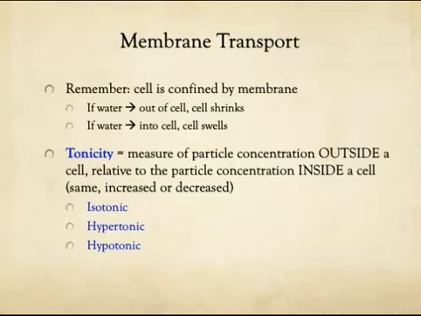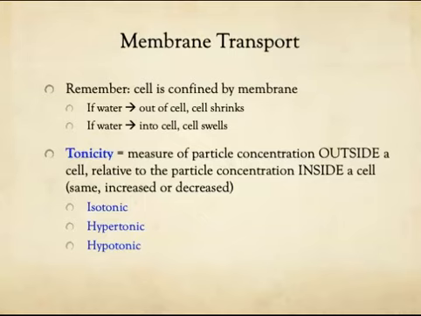This brings us to a concept in cell biology called tonicity. Tonicity is a measure of particle concentration, specifically looking at the outside of the cell relative to the inside of the cell.